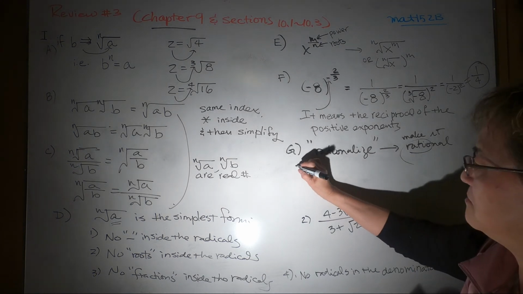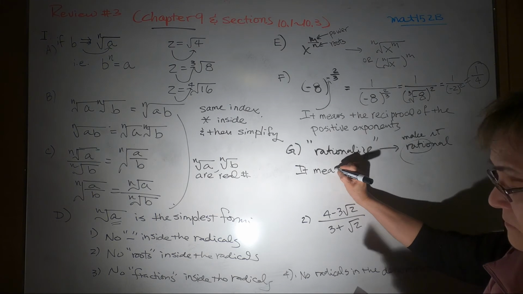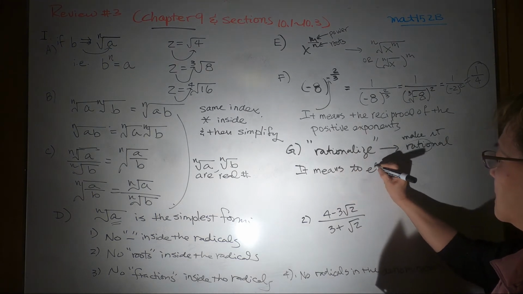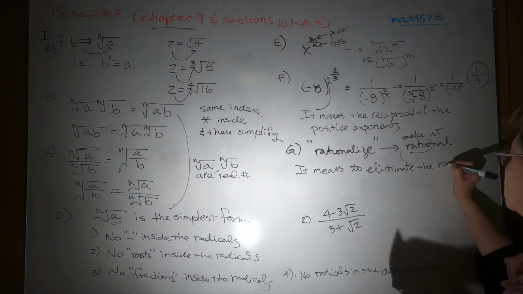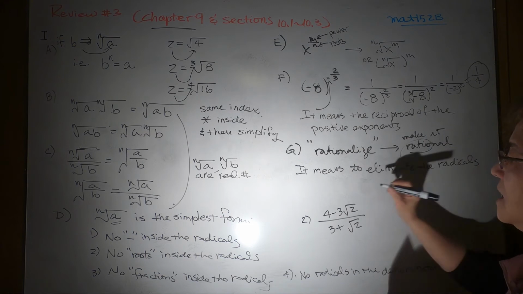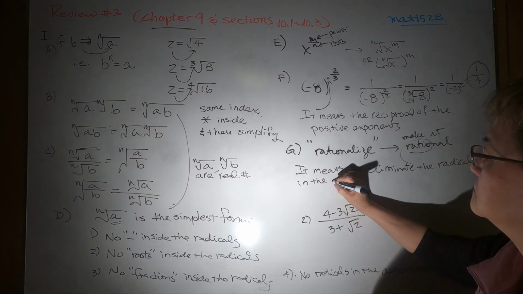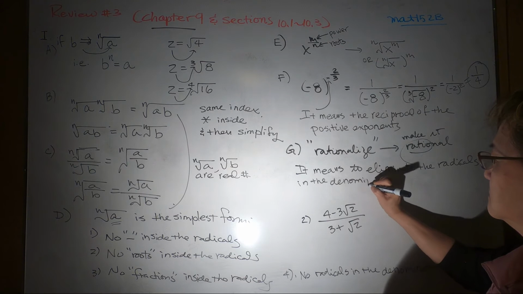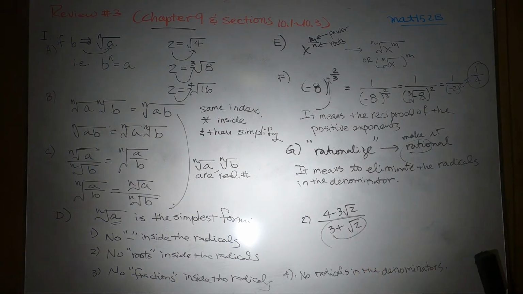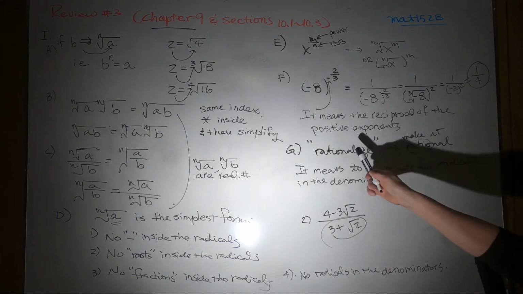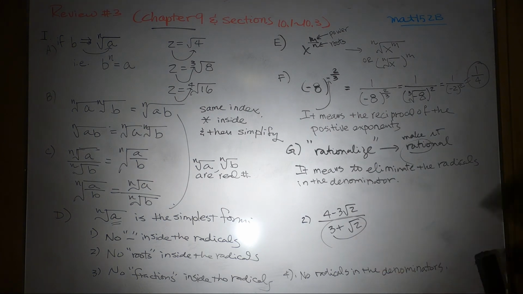So it means to eliminate the radicals in the denominator. Like this one, you have radicals in the denominator, then we say we rationalize it, get rid of the radicals in the denominator. Okay, so how do we do that?